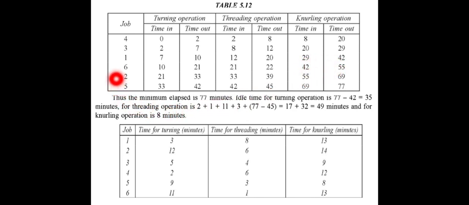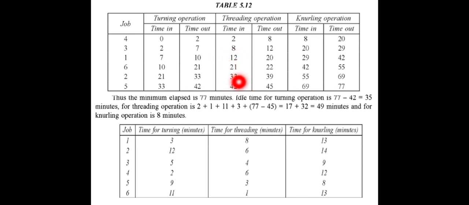So the next job is 6. So for job 6, the processing time for turning is 11. So 10 plus 11 will be 21. So if you see here 20 and 21, here 21 is maximum. So here we take 21.